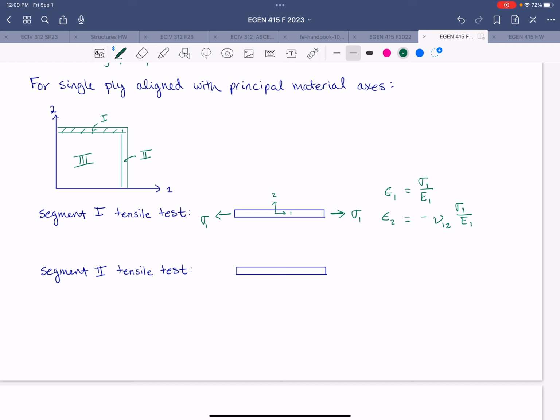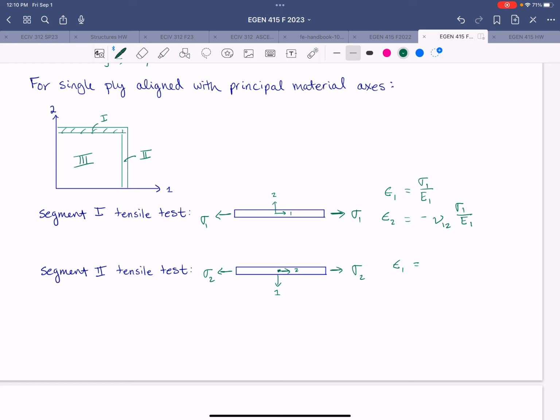So then for the second test, this would be the 2 direction of the material, and to be consistent, we'll call that the 1 direction, positive downward. So we would apply a normal stress in the 2 direction, and the strains that we measure, I guess I'll just write them 1, 2.